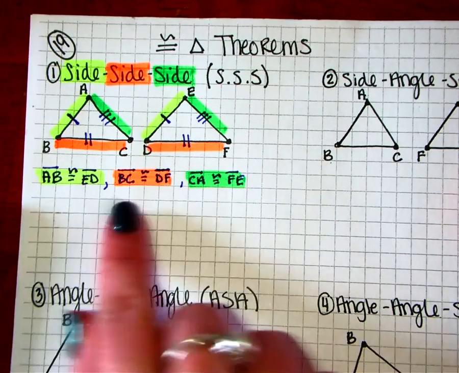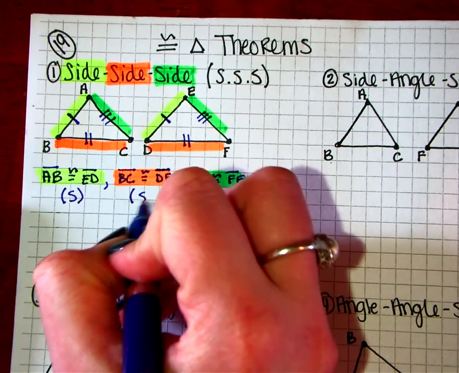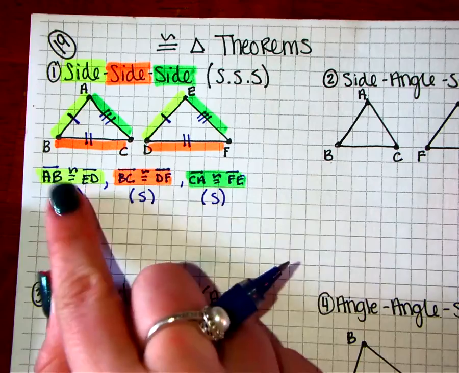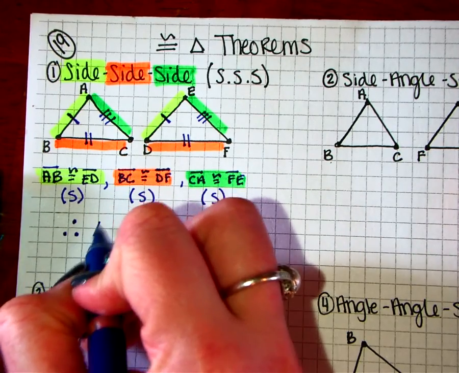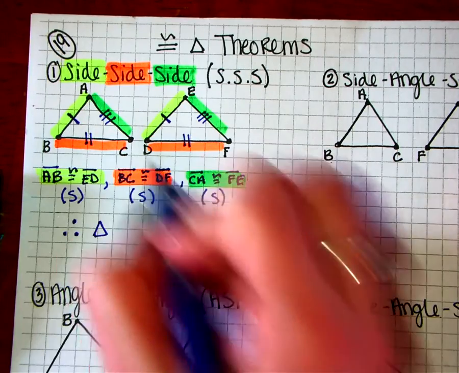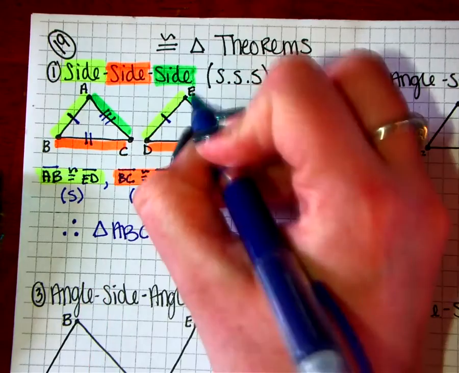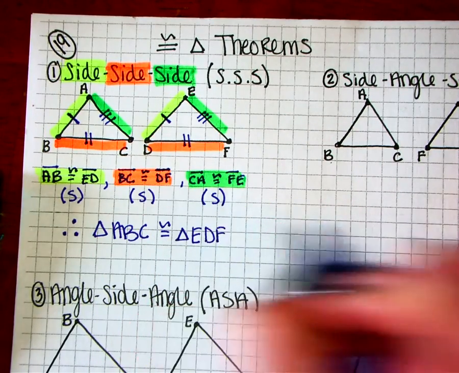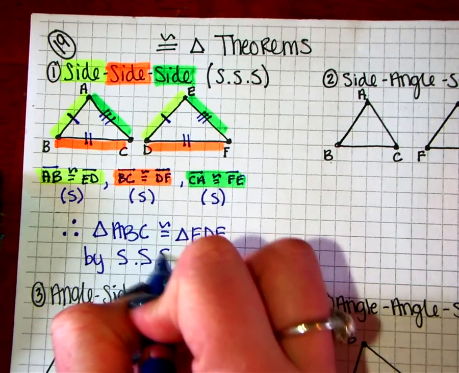So again, we've got 3 pairs of congruent sides. I'm going to label this as a side, and side. So the letter S will stand for side, A will stand for angles. So we have 3 pairs of congruent sides. Therefore, triangle ABC is congruent to triangle EDF by side, side, side.